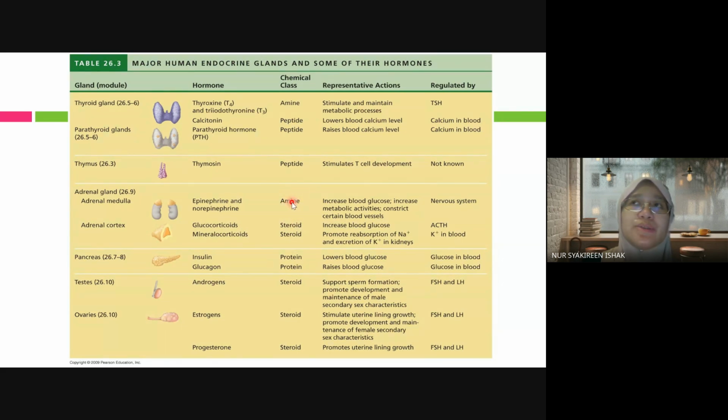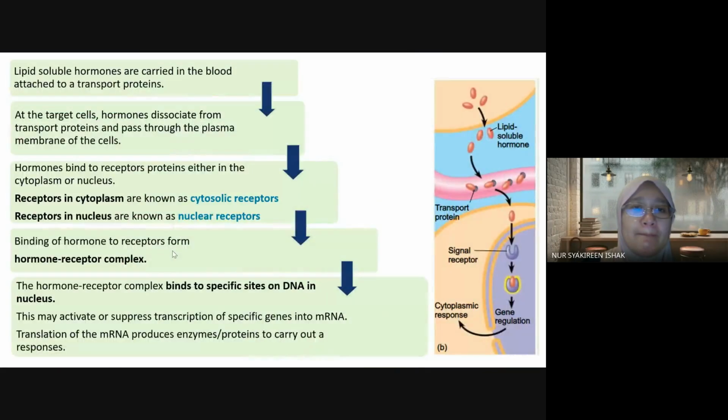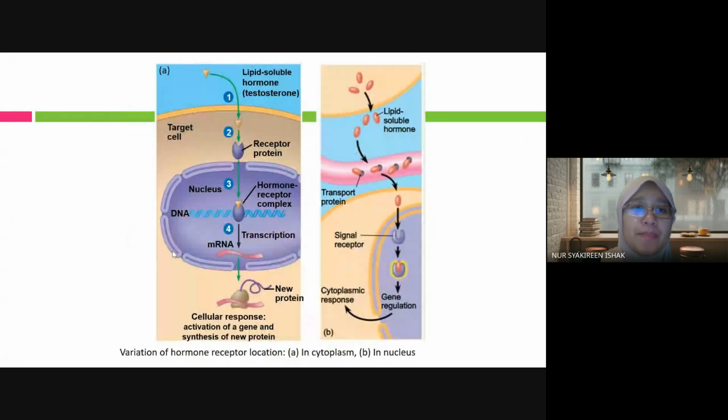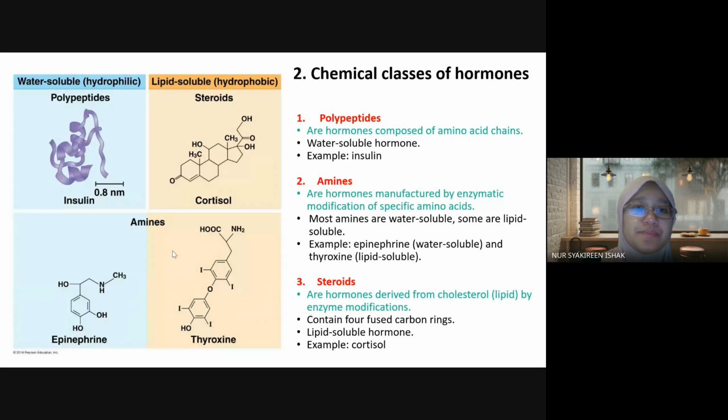Okay, so it is epinephrine. It is water soluble. Okay, water soluble, and then thyroxine. It is lipid soluble, right? Ada dalam you all punya awal-awal nota ni. Mana dia hilang? Okay. Thyroxine, it is an amine, but it is lipid soluble. Okay.